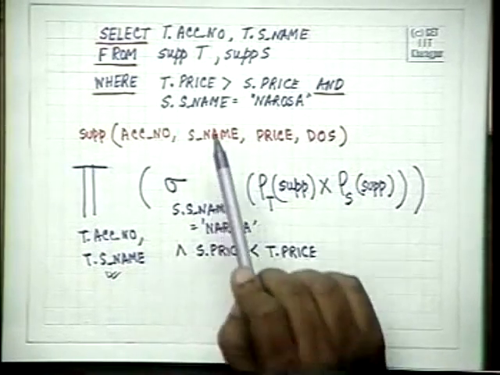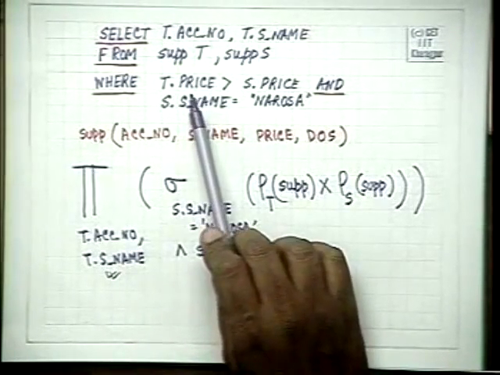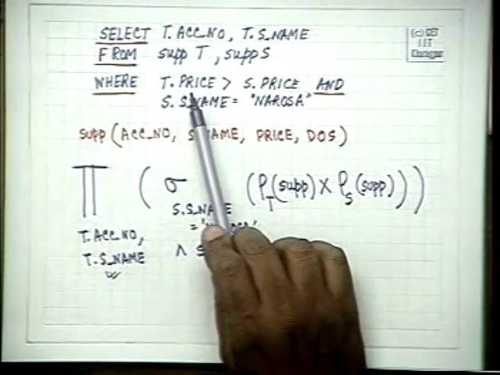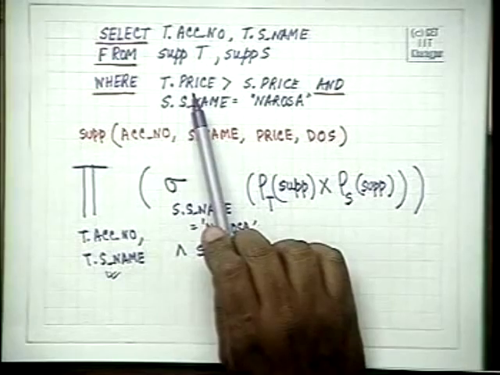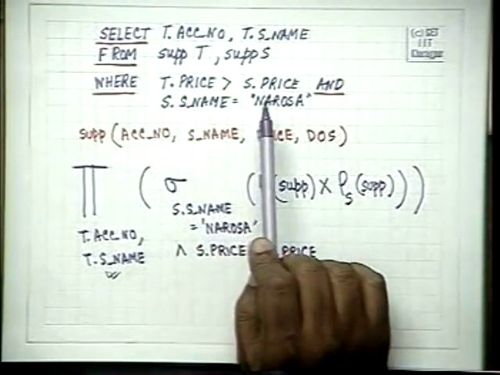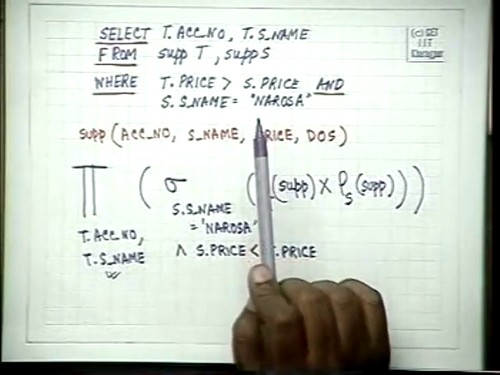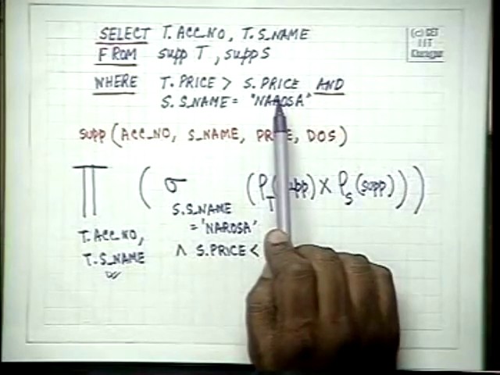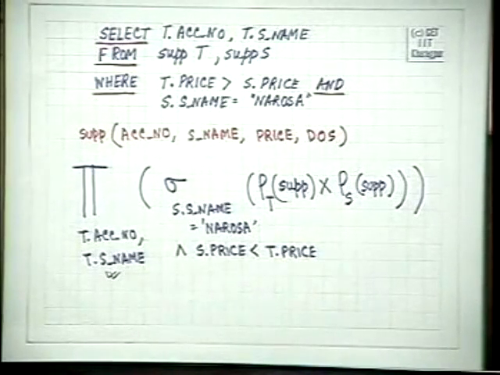Now if a supplier called Allied has supplied one book whose price is greater than the price of at least one book supplied by Narosa, then Allied's name will come out.